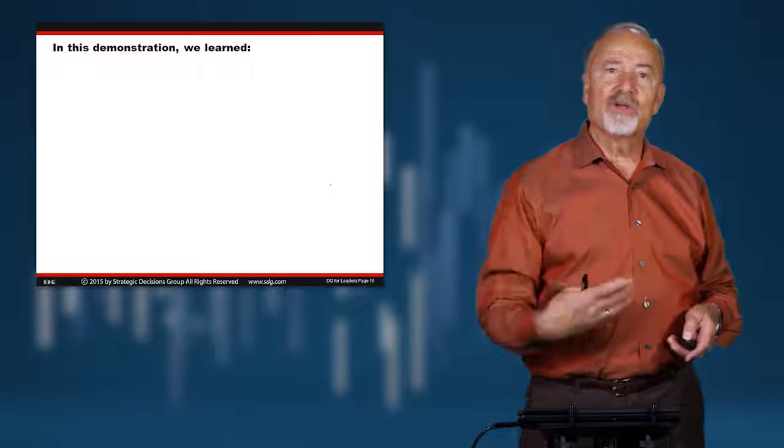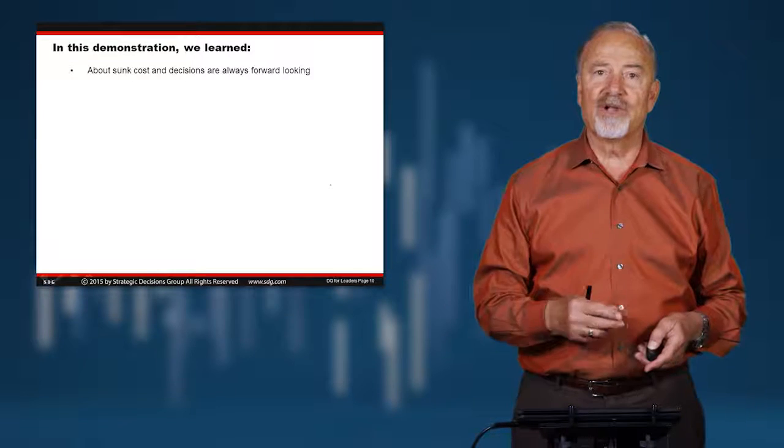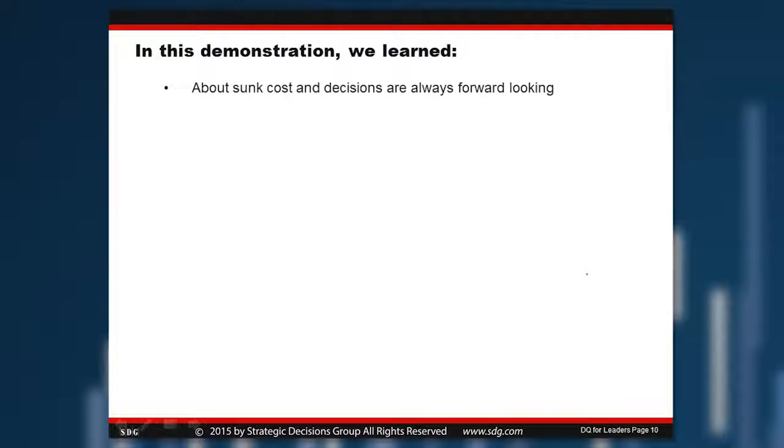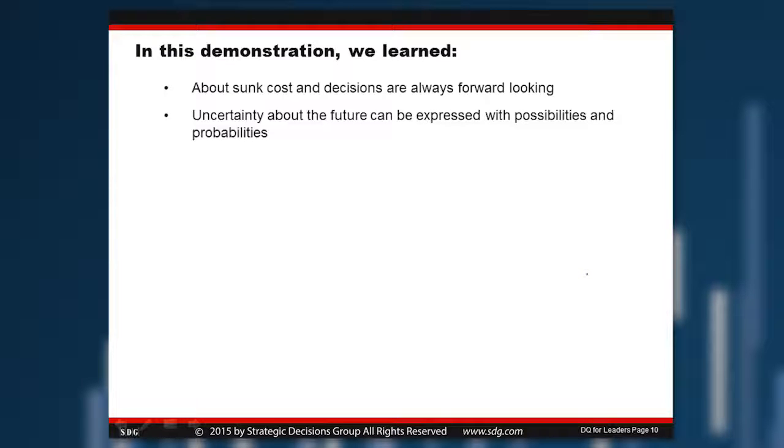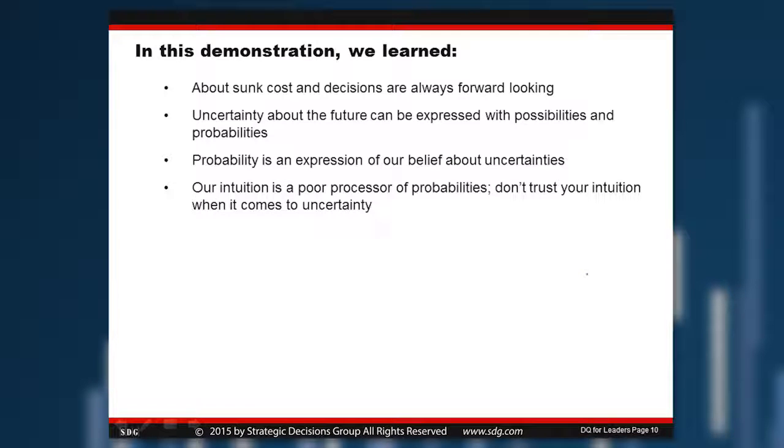So in this demonstration so far, we've learned a lot of things already about sunk cost and decision making as being forward-looking. Uncertainty about the future can be expressed in possibilities and probabilities in a tree. We can have probability as an expression of our belief about uncertainties. It's in our heads, not in the cards. Our intuition is a poor processor of probabilities. Don't just trust your intuition when it comes to uncertainty. And the quality of a decision can be understood at the time you make it. You don't have to wait for the outcome.